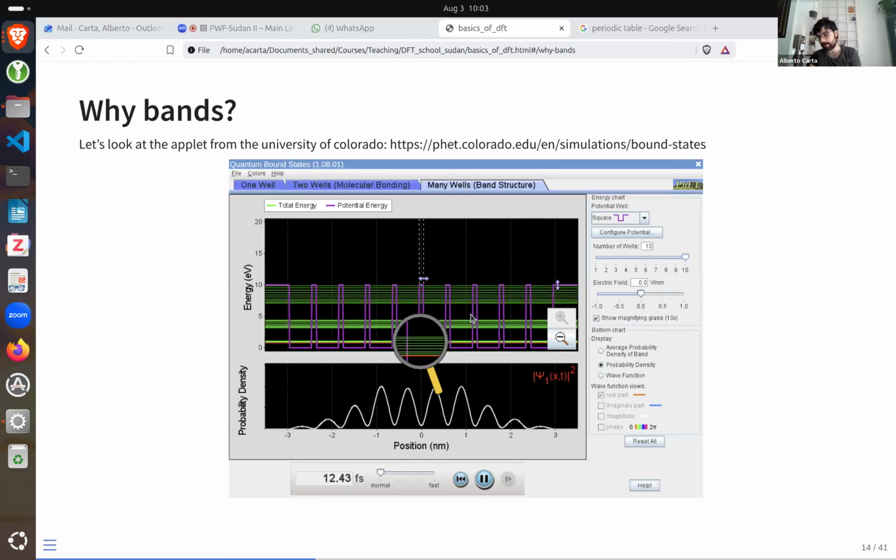Now we have a situation where we start from a quantized state, and then we start to recover this continuum of states if we put a lot of these quantum systems all close together. Okay, so the band structure emerges from exactly this. They emerge from the idea of putting quantum systems closer to form these crystalline structures.